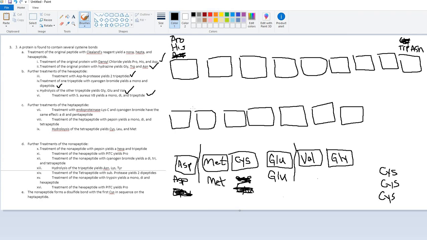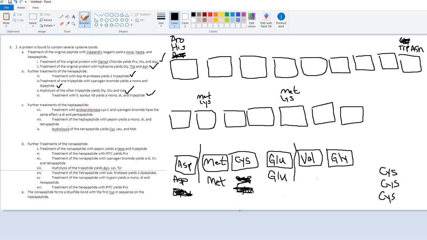So in this heptapeptide, to get it split into a di and a pentapeptide, we can either have the methionine and the lysine be here, and this would be the dipeptide, this would be the pentapeptide. We could also get it to go here. This would be the dipeptide, and this would be the pentapeptide.